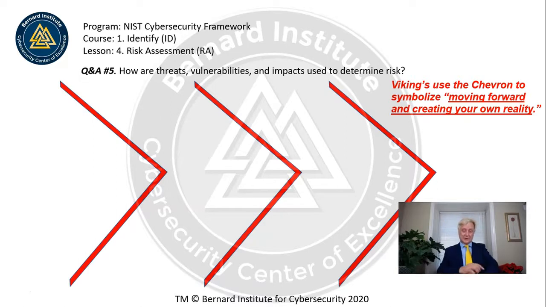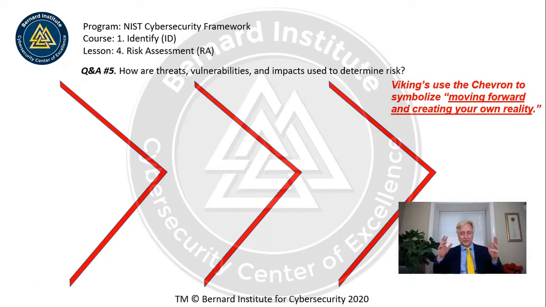They would put a tattoo on themselves of a chevron. It may be 1 chevron or 3 or 2, but in their culture, a chevron is used to symbolize moving forward and creating your own reality, which I think is very applicable to doing risk assessments, because we want to move forward with risk management within the organization.